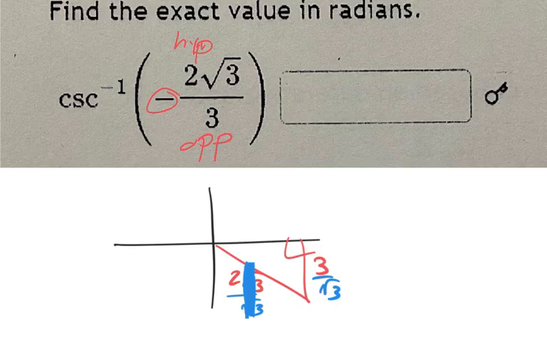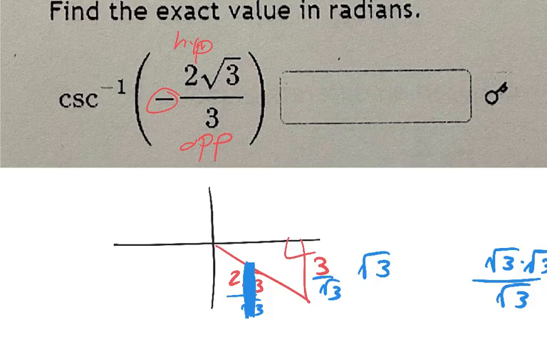What is 3 divided by radical 3? It's just radical 3. You could think about 3 as radical 3 times radical 3 over radical 3, right? Just rewriting 3 as this. And then I can cancel out a radical 3.